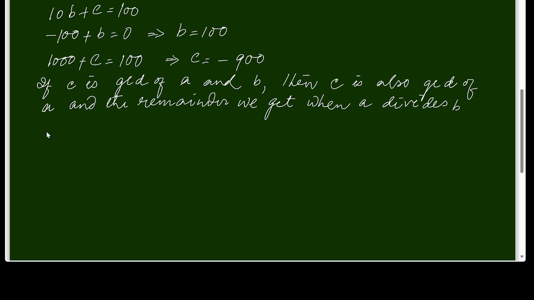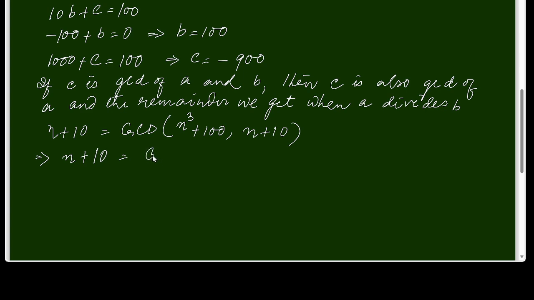So here n plus 10 is the GCD of n cube plus 100 and n plus 10, or this is the same as n plus 10 is the GCD of n plus 10 and the remainder.